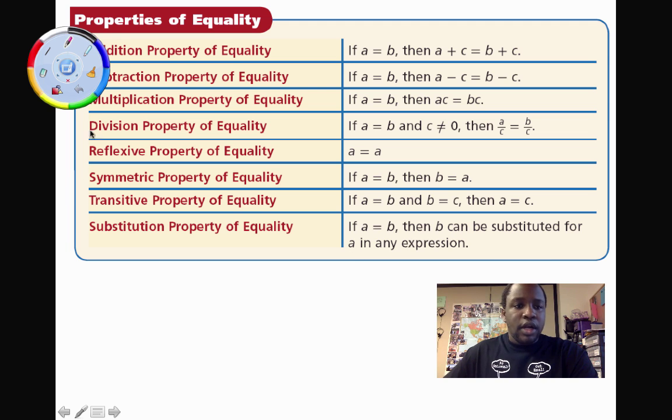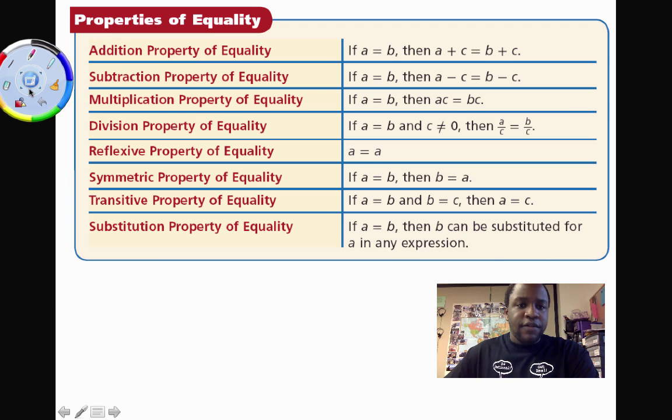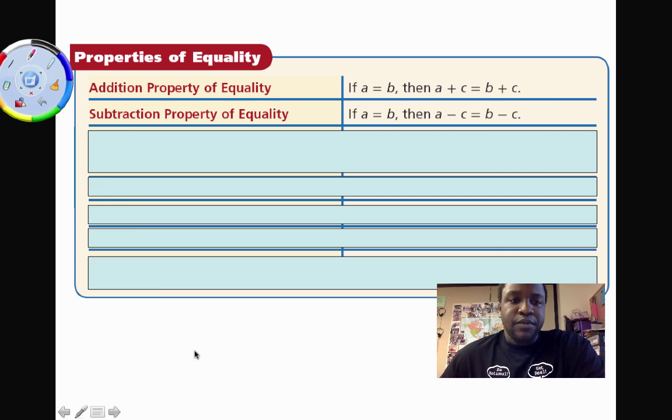So here are the properties of equality. There's addition, subtraction, multiplication, and division properties of equality. Reflexive, symmetric, transitive, and substitution. So let's break it down and take a look at them one by one.